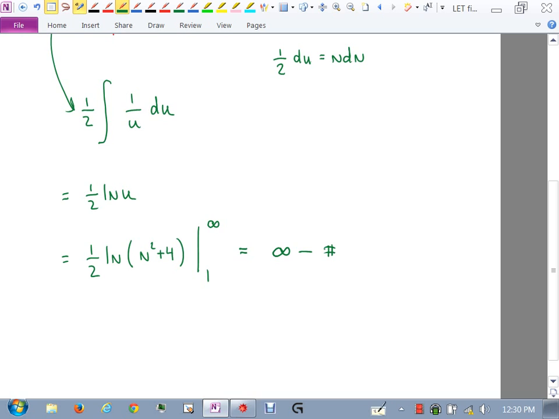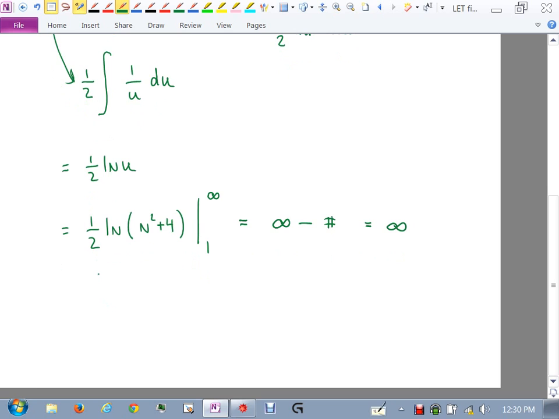What's infinity minus a finite number? It's infinite. That means that this integral does what? Diverges. So the integral diverges, the series diverges. Therefore, the sum from n equals 1 to infinity of n over n squared plus 4 diverges by the integral test.